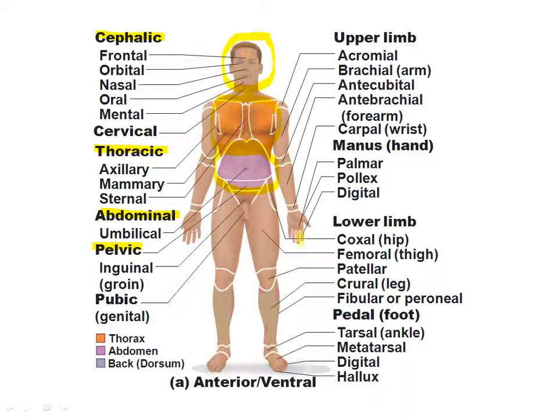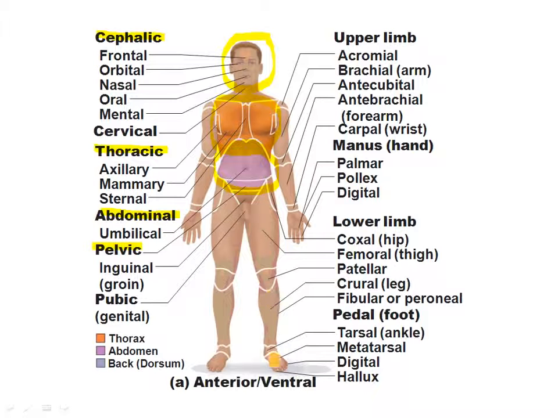Now looking at the upper limb, we have the shoulder, which is acromial. The upper arm is brachial. The front of the elbow is antecubital. And the lower arm, the forearm, is antebrachial. The wrist is carpal, and the fingers are digital.